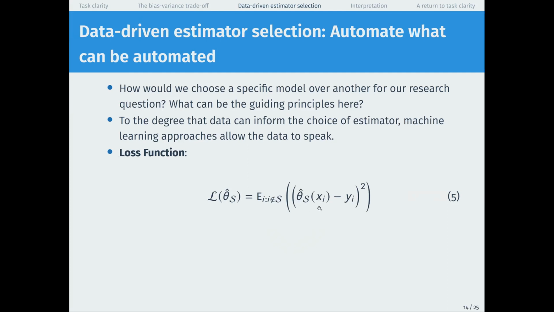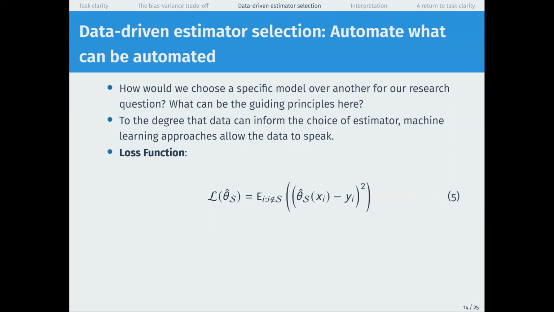And then we're going to make a prediction for unit I. So that's theta hat of X. Then we'll see how far that predicted value is from the true outcome Y that was realized for unit I. Then because we're concerned if these two are far away, we want to square this term so that having a large value is bad. Then the loss function is the expected value of this squared error across hypothetical repeated samples and across units who are not part of those training samples.